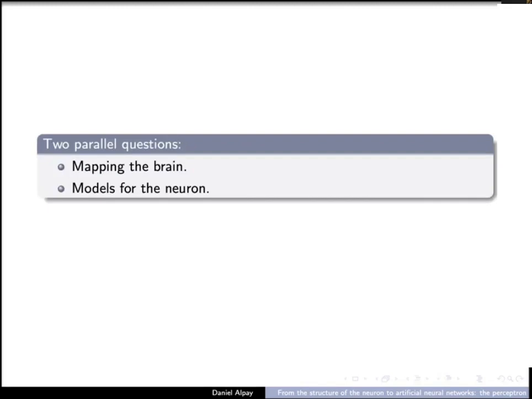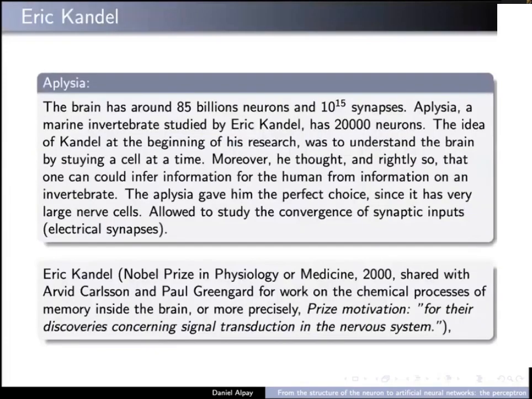For the mapping of the brain, there is an interesting character, which is the aplysia we mentioned. Eric Kendall, who also got a Nobel Prize, thought that our brain has so many neurons to make a model, but you can take a simpler animal.